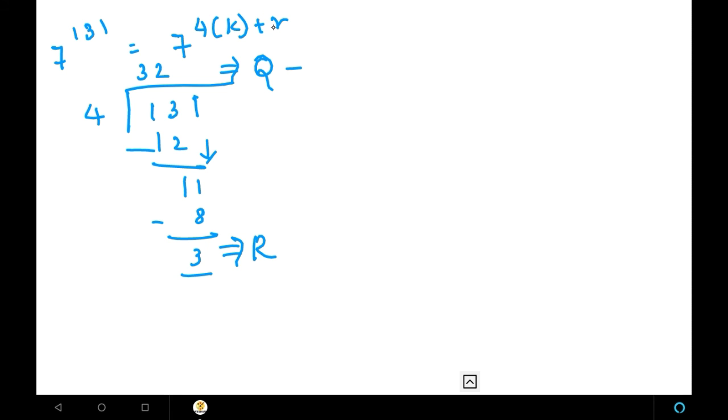That means in this exponent, the quotient is k and the remainder is r. We know that if the remainder is 1, then it is 7. If the remainder is 2, then it is 9. If the remainder is 3, then it is 3 itself. If the remainder is 4, then it is 1. Here the remainder is 3.